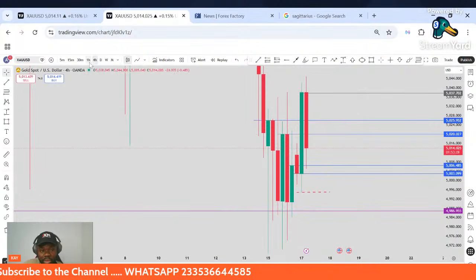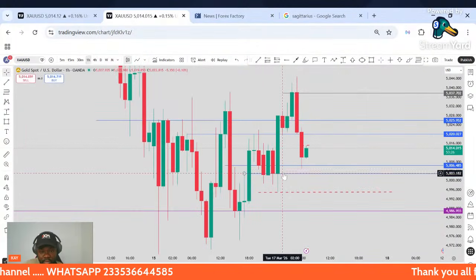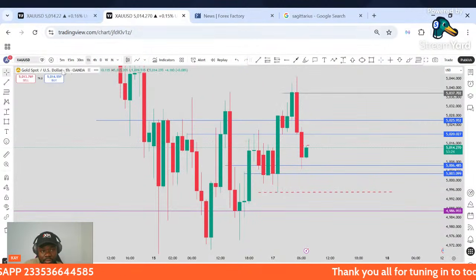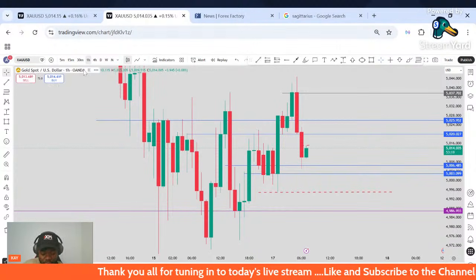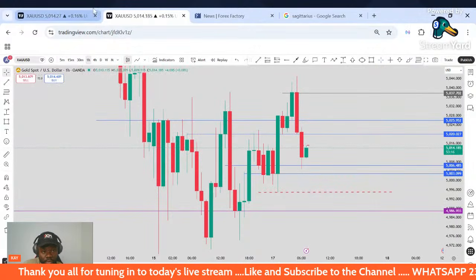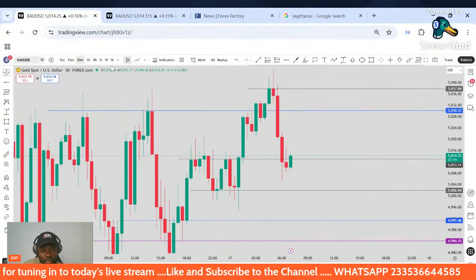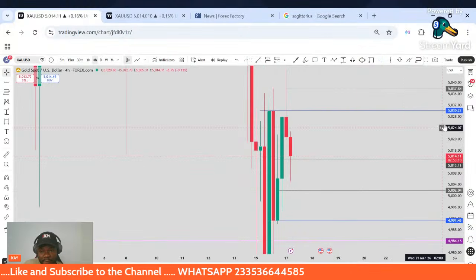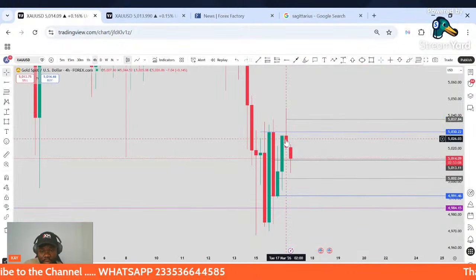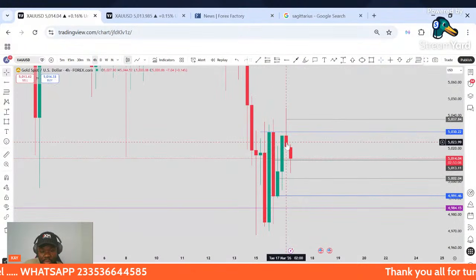An uptrend. There was an opportunity. Yeah, so the higher time frame was an uptrend over here. This was a candle.